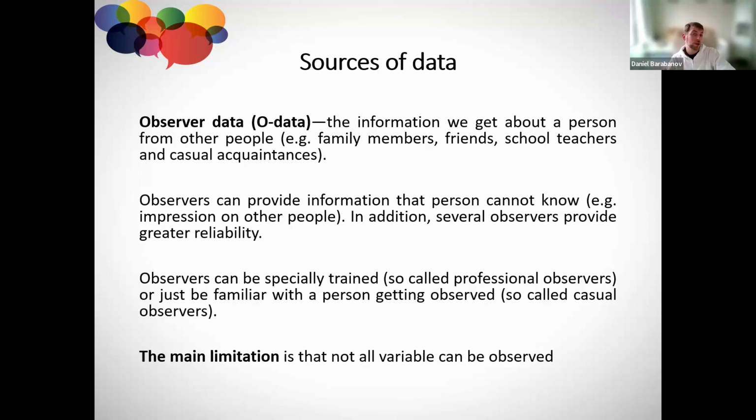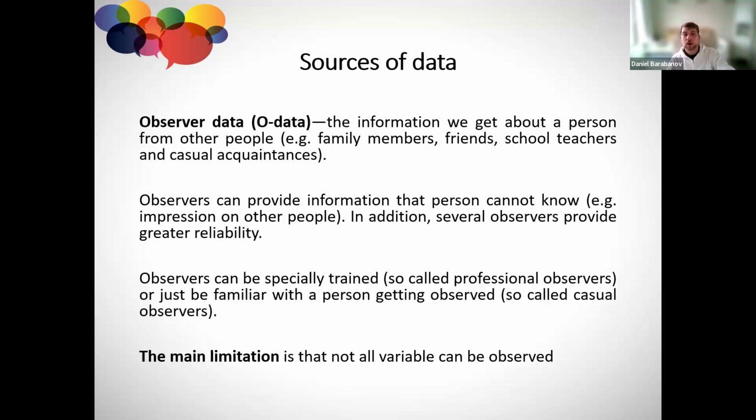And often do not coincide at all, but for some people it might be more consistent. So those observers we can use can be professional observers, for example other psychologists as well, or it can be casual observers. People who just share some experiences with the person we're interested in.